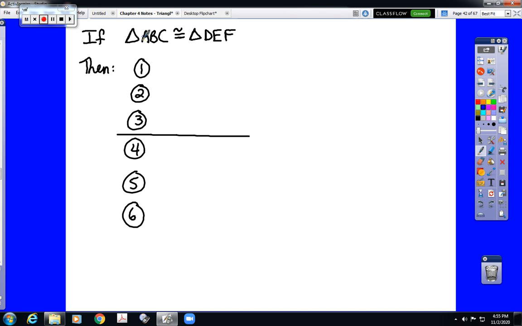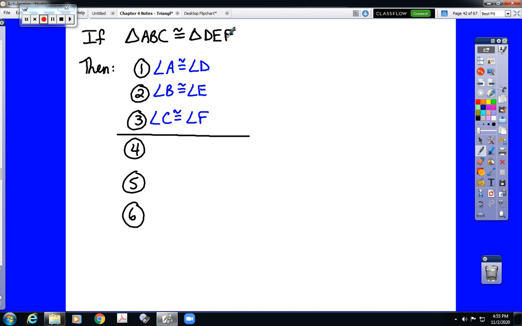Again, the first letter of each name tells us that angle A must be congruent to angle D. They both come first in the name. That means those 2 angles have to be congruent. Same for the middle: angle B is congruent to angle E, middle letter. Same for the third letter: angle C must be congruent to angle F.